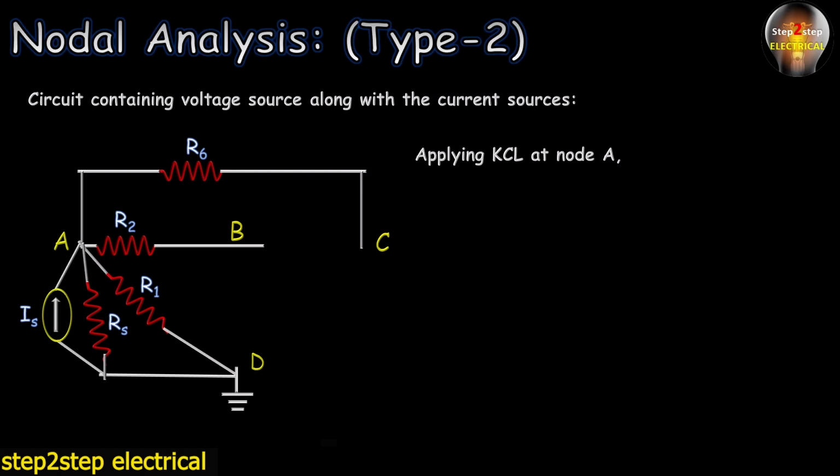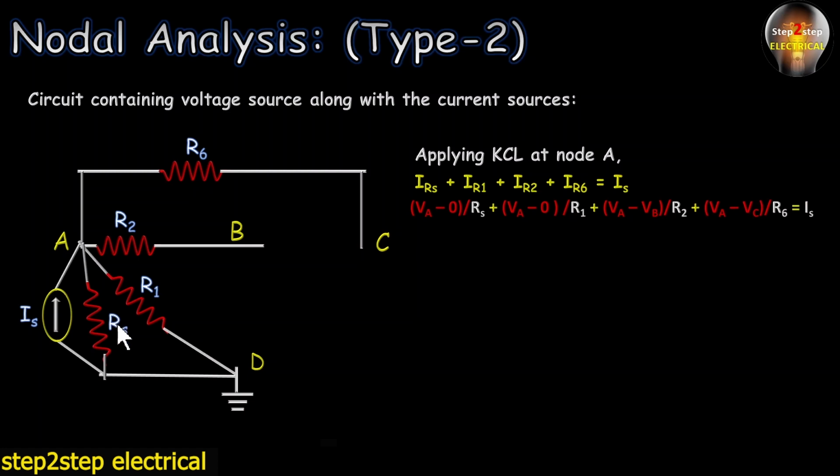So let's write the KCL equation: IRs plus IR1 plus IR2 plus IR6 is equal to Is. Now we have to replace each current with its equivalent value using Ohm's law, that is I equals V by R. For IRs, with Rs carrying current from A to D, and VD equal to 0 volt, we can write (VA minus 0) upon Rs.